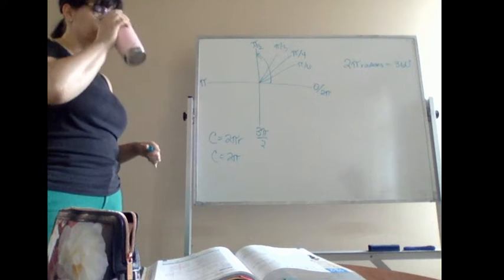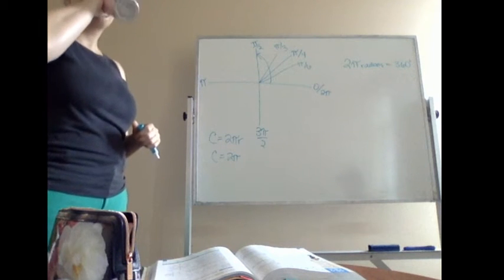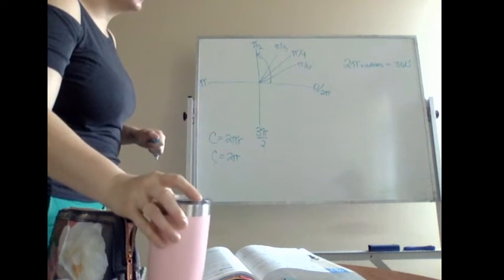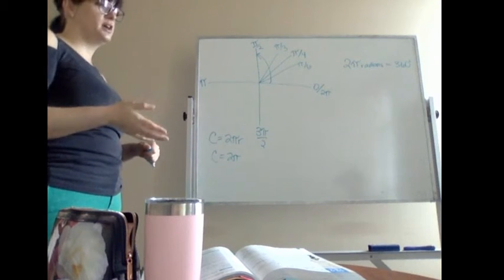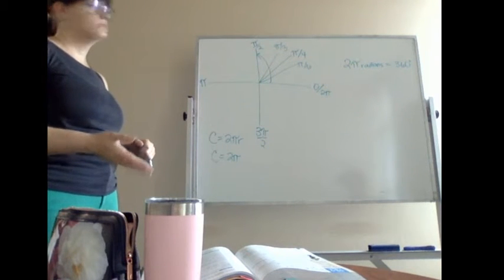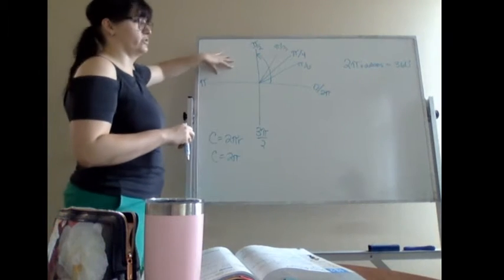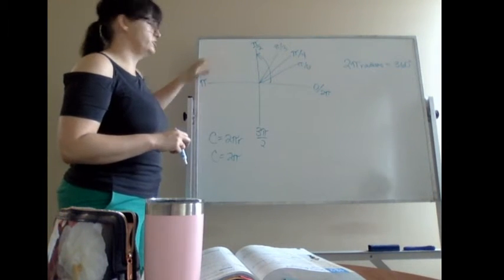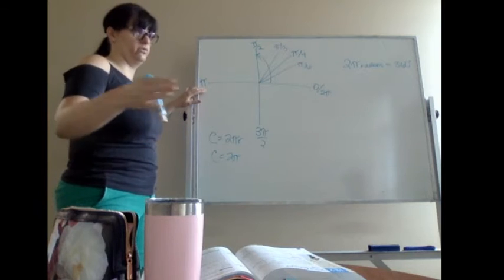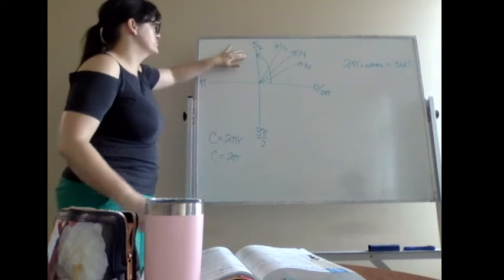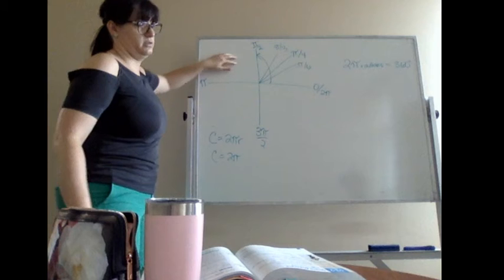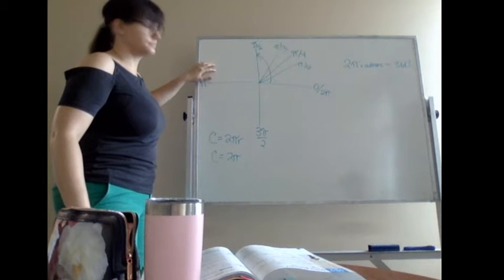You can't just say 2 radians. We would usually say 2 pi radians. And 2 pi and 2 are not the same number. 2 radians, 2 is less than pi, the number 3.14 and so on, so the number 2 would end up being somewhere over here. Does that make sense?